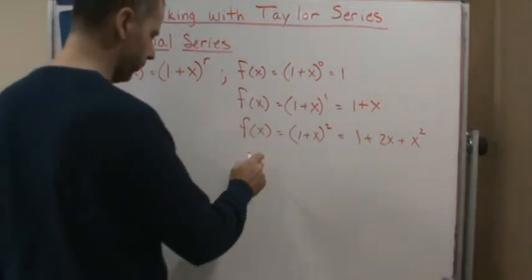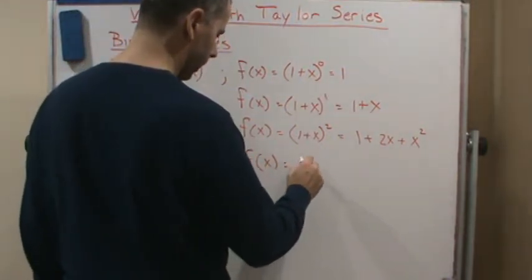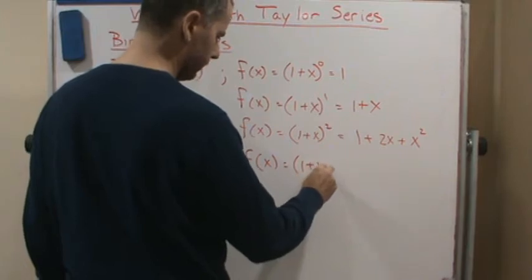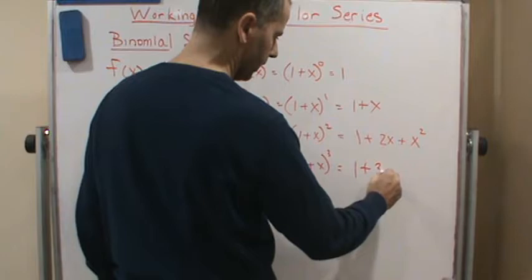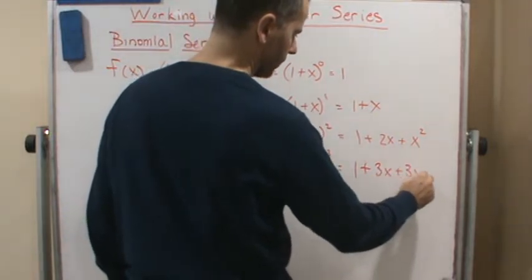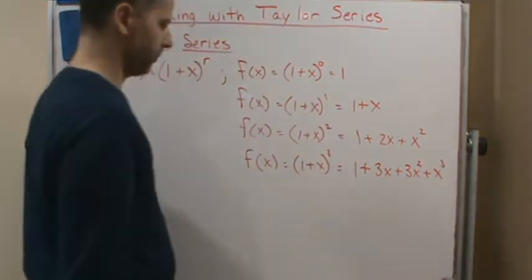And then the next one, what if we go up one more? r equal to 3. Now this is going to become 1 plus 3x plus 3x squared plus x cubed.